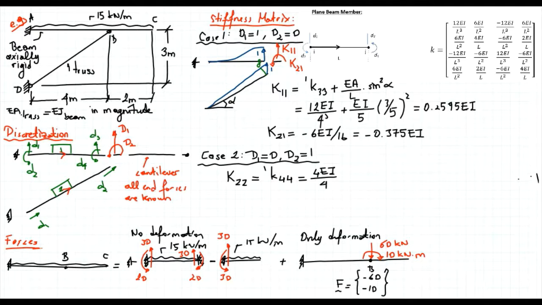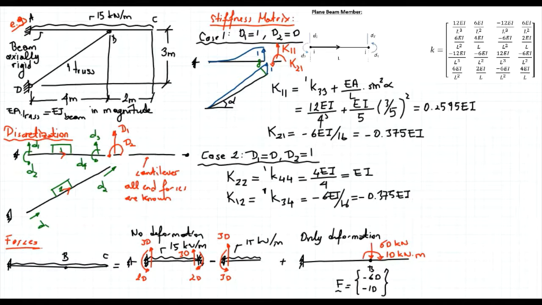That will give me a value equal to EI. And K12, we expected it to be equal to K21, will be equal to K34 of the first member, which is minus 6 EI over 16, so I get minus 0.375 EI. So we have all the coefficients that we need.